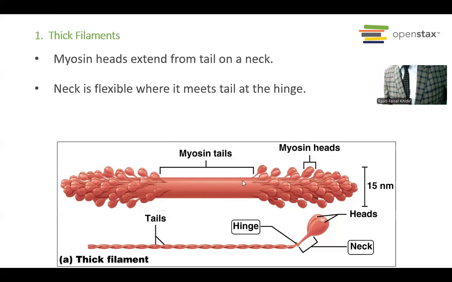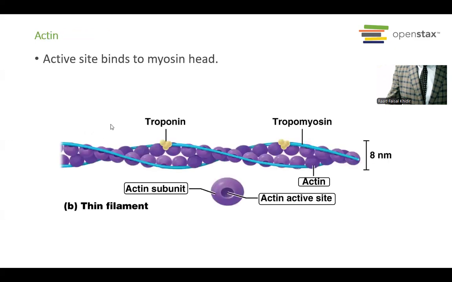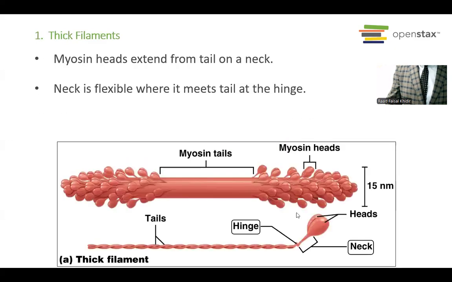That's the thick filament. Okay, now the thin filament is composed of three things: actin, tropomyosin, and troponin. You see, this is your golf heads, the neck, a hinge, and then the two tails.